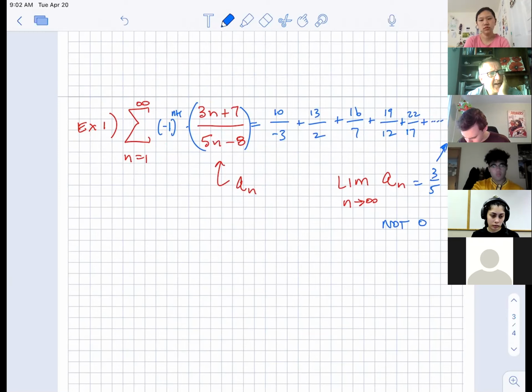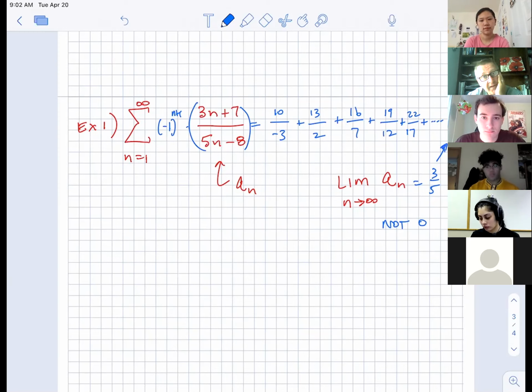But if I keep going out there to like n is 12 or something like that, 3 times 12 is 36 plus 7 is 43. On the bottom, 60 minus 8 is 52. You get 43 over 52. See how it's like less than 1 now? Can you see the terms on their way to 3/5 here, at least a little bit? But it was screwed up in the beginning.